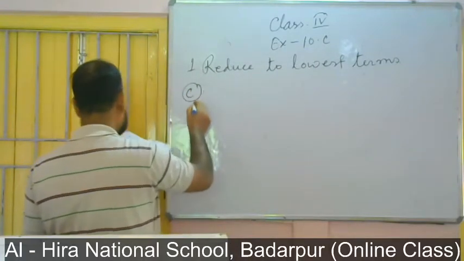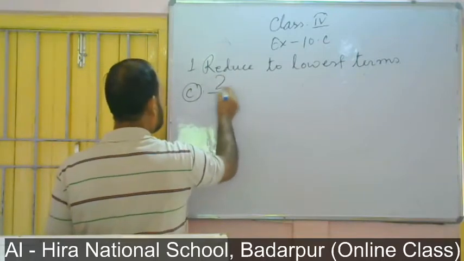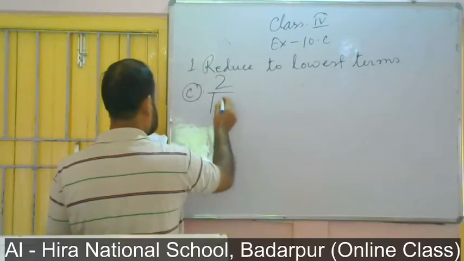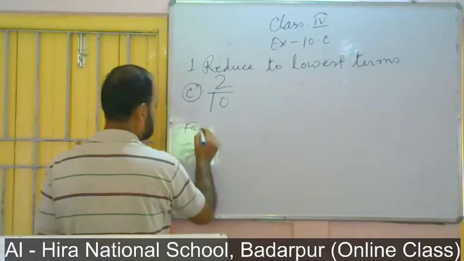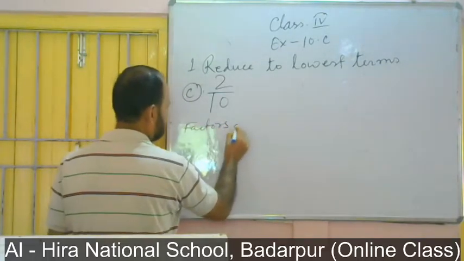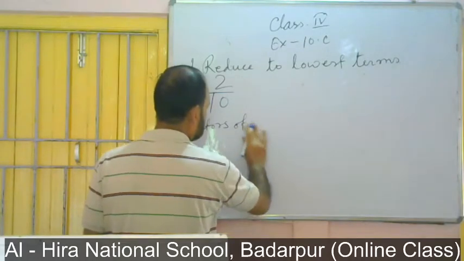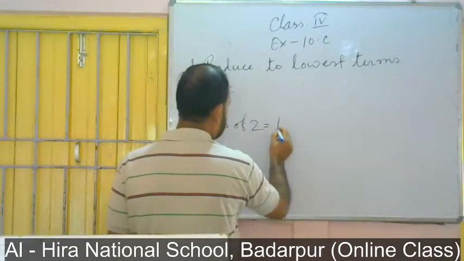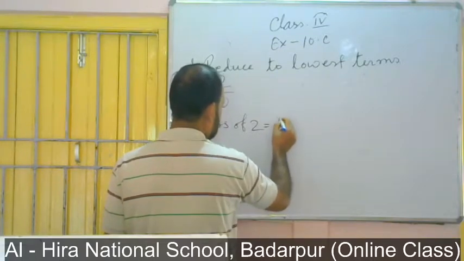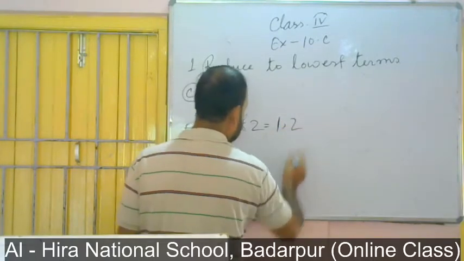Question number C, 2 by 10. So the factors of 2: we know 2 is a prime number, so there are only 2 factors, 1 and the number itself, 1 and 2.